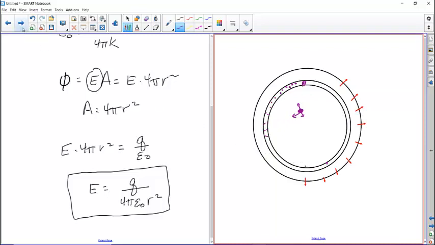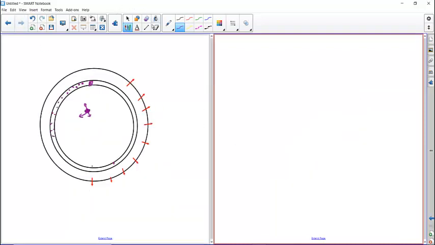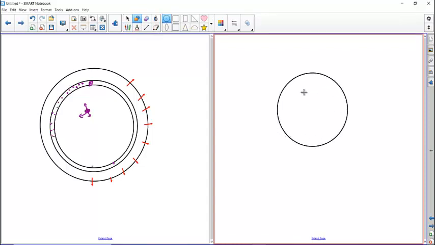Now there's one thing we didn't look at, which was what would happen if you had a solid sphere. So this is solid aluminum, say, and you go to a point inside. What is the electric field at that particular point?